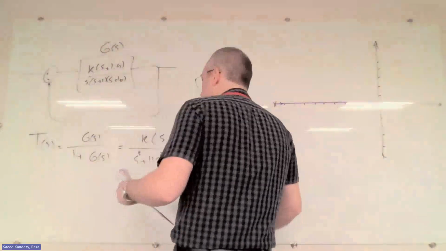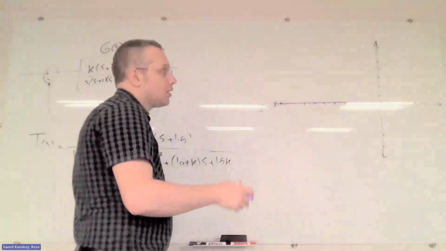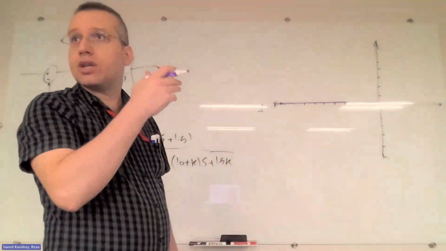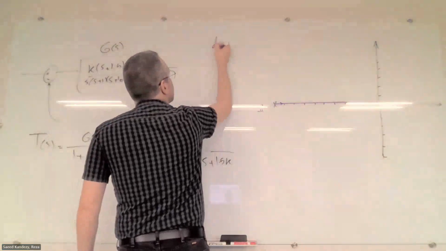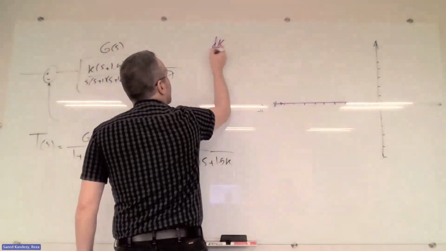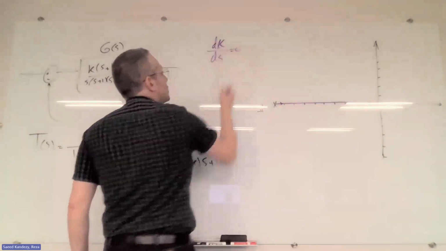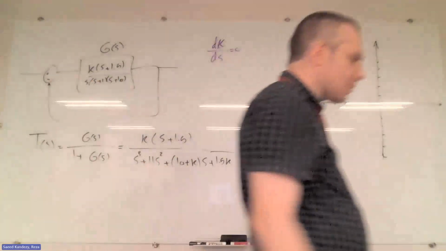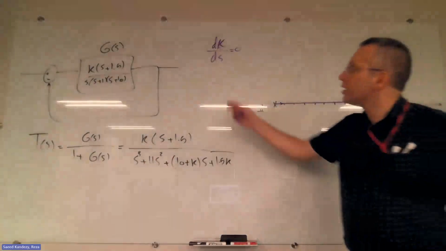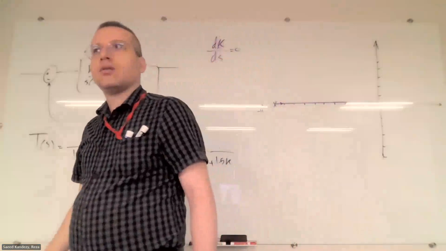We said the condition that would satisfy the break-in and breakaway was the s values that would satisfy dK/ds equal to 0. Now, I'm not going to do the mathematical derivation. You know how to find the function K based on s.